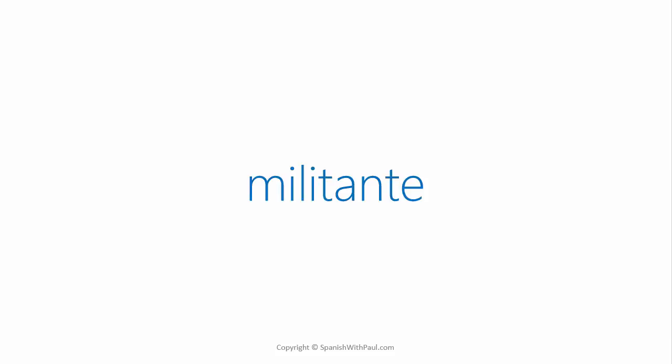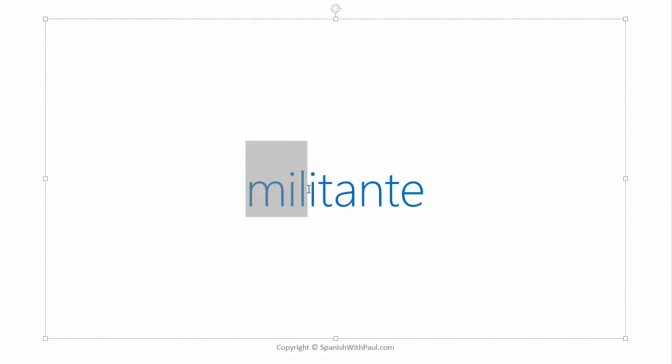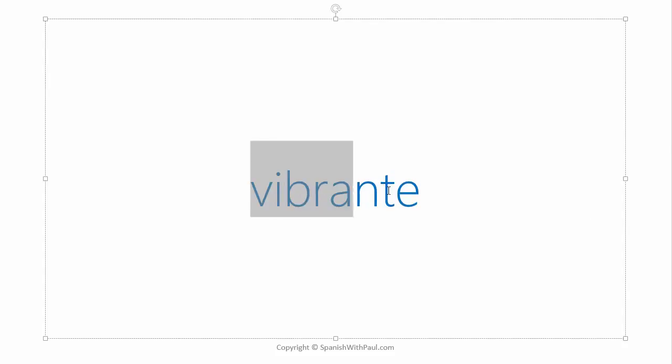Militante. Let's have a look at this one. So we have militante. How would you say vibrant in Spanish? Vibrante. Did you catch this VI as a B sound? Vibrante.